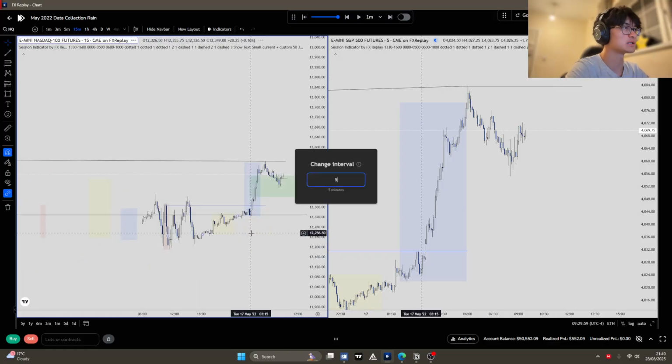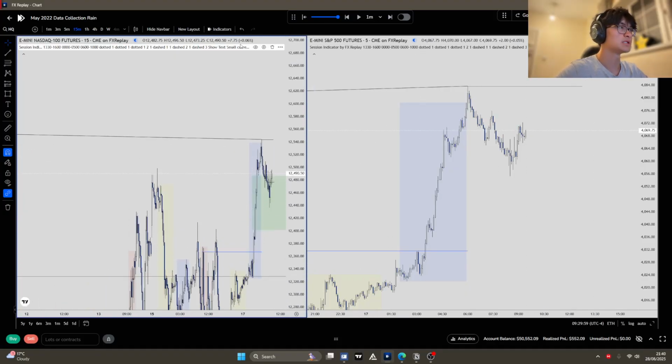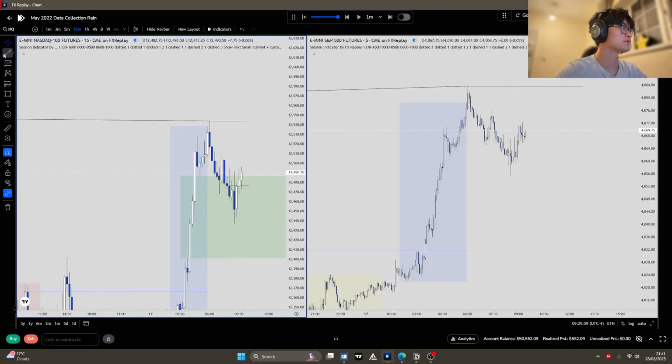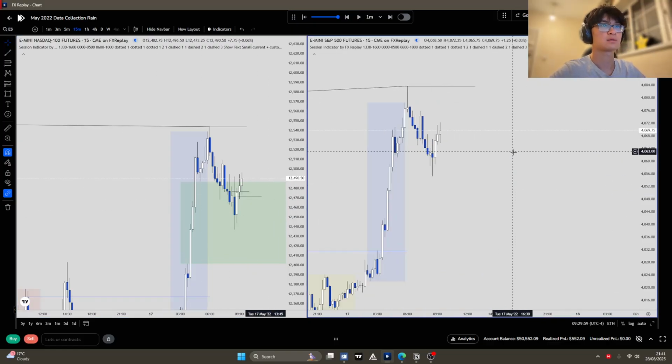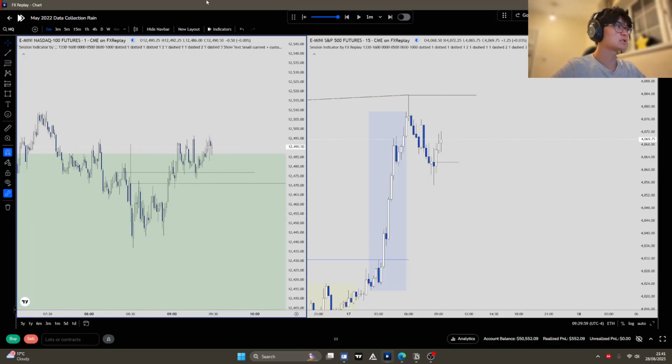I don't really see it. I mean, we have this 15-minute change, kind of respecting that though. Now we've got this, and same thing here, now respecting this. So honestly, looking for longs overall.